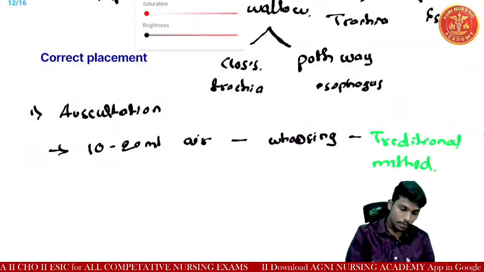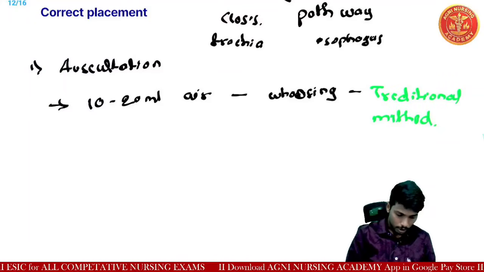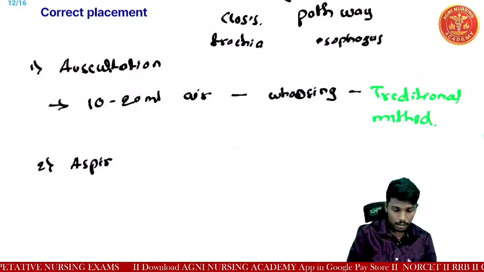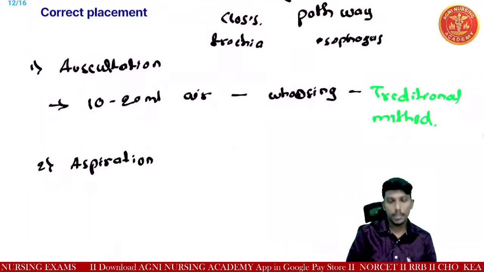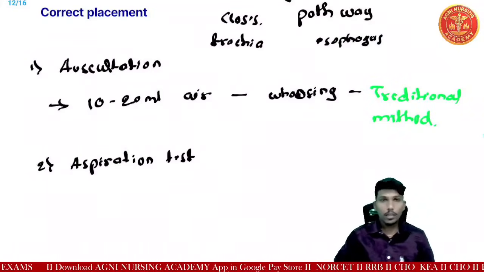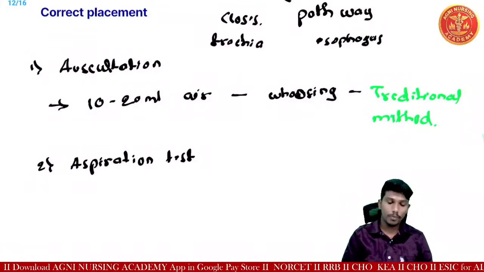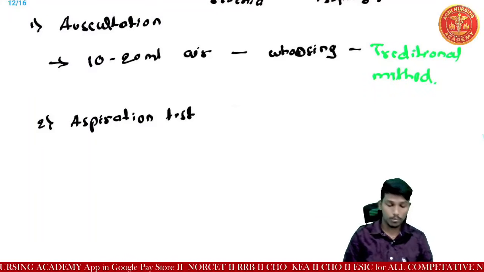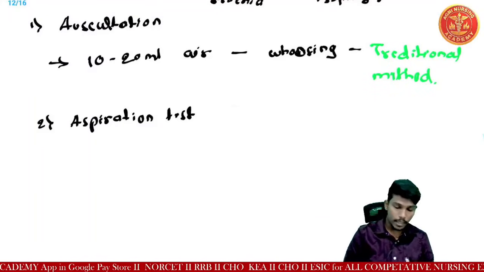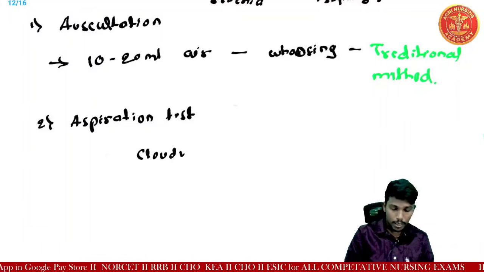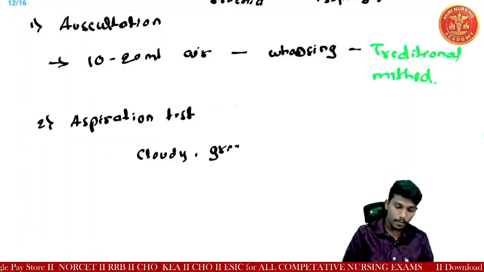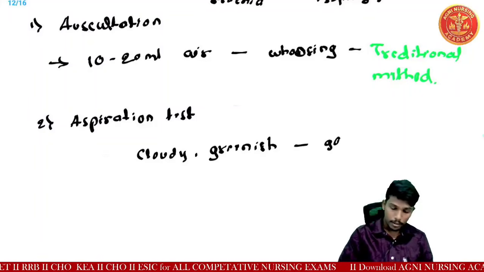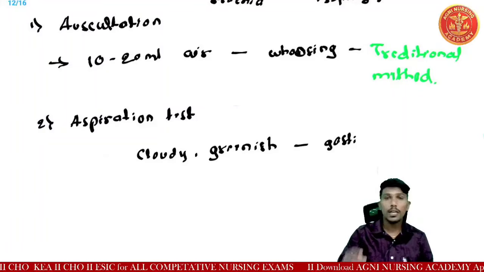Next, the second one, the aspiration test. After inserting the NG tube, we use the syringe to aspirate the content of the stomach. If the content is cloudy and greenish in color, that is gastric content, which means it is in the stomach.